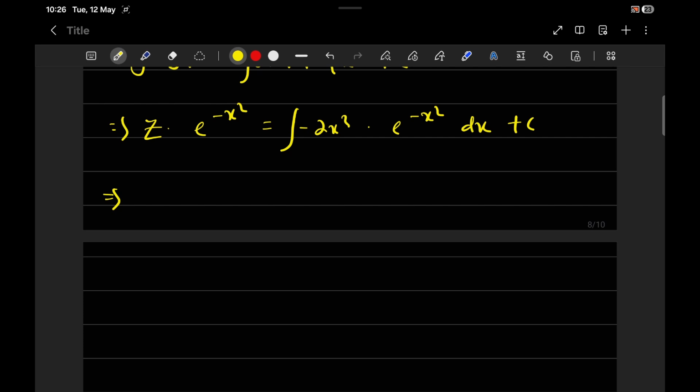Consider minus x square as m, so minus 2x dx is equal to dm.